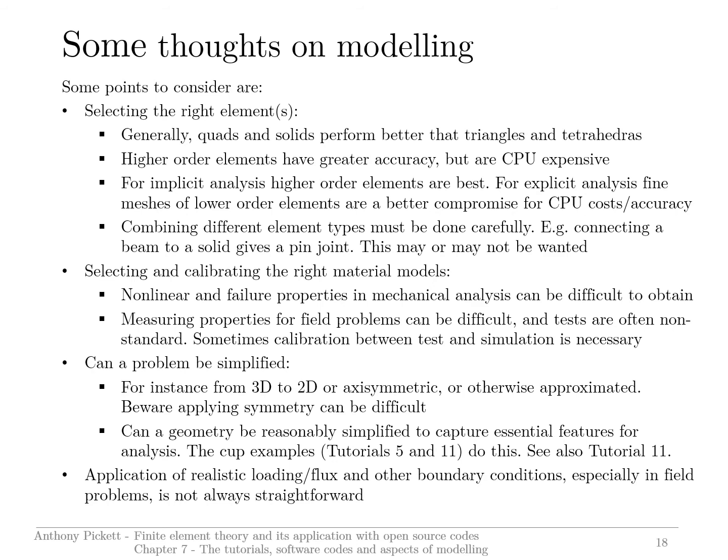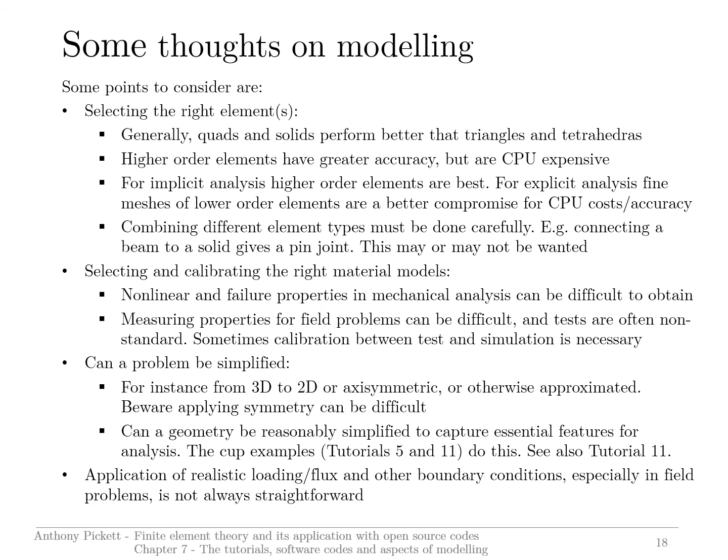There are no standard tests available for such measurements, so you can't really expect very reliable information. We can measure modulus and failure strains in a metal very easily, but some other things like permeability and conductivity in field problems can be much more difficult to measure. And inevitably, you might be forced to do some kind of a calibration between a test result that you might have and a simulation or analysis model.